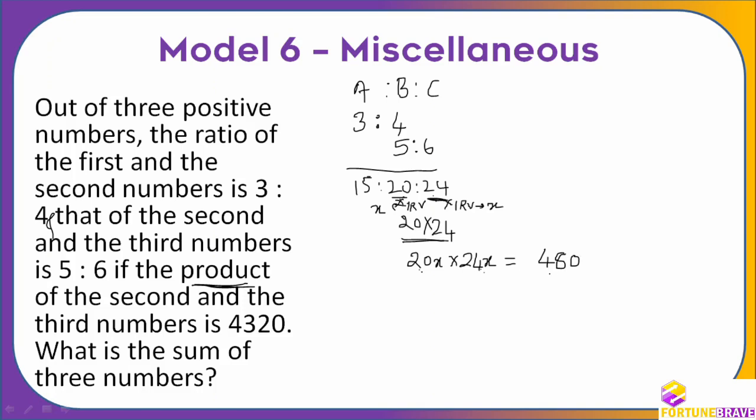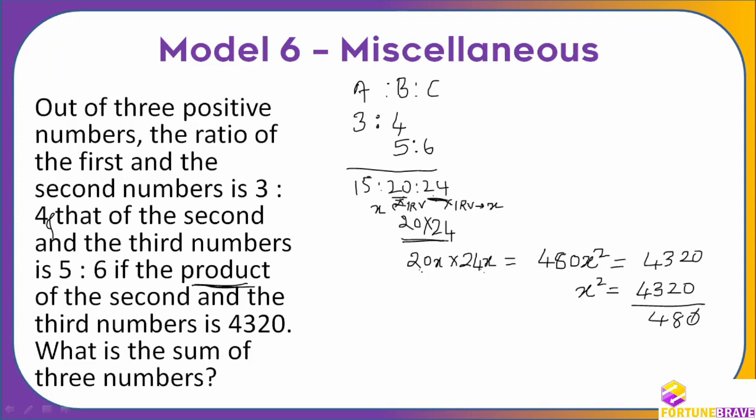And x square, because it is x into x, is equal to what they are saying, 4320. So x square will be 4320 divided by 480. 3 plus 2 is 5 plus 4 is 9, 4 8s, so this should be divisible by 12, I think.